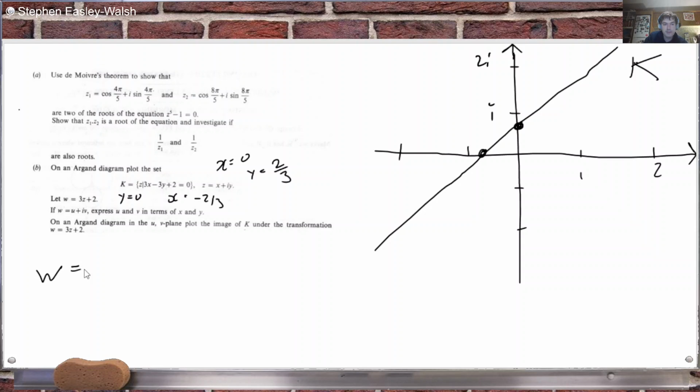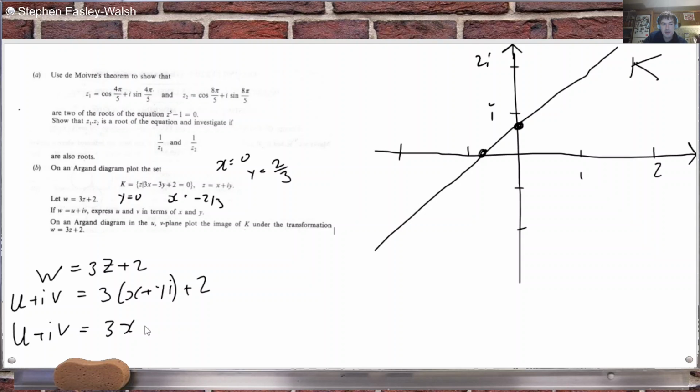W equals 3z plus 2. That's u plus iv equals 3(x plus iy) plus 2. So u plus iv equals 3x plus 3iy.